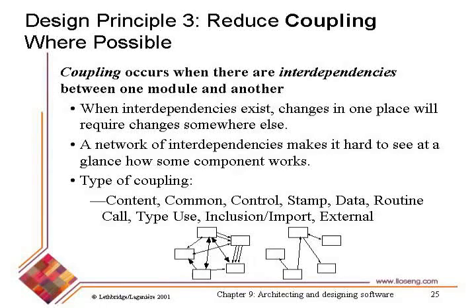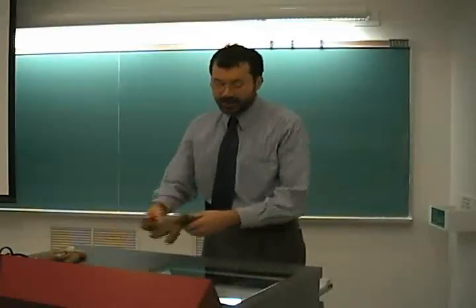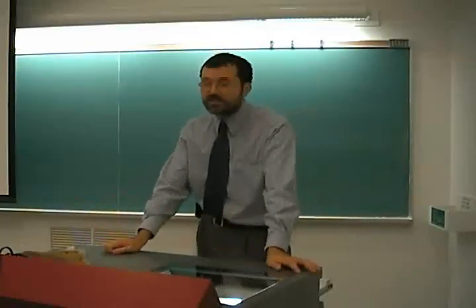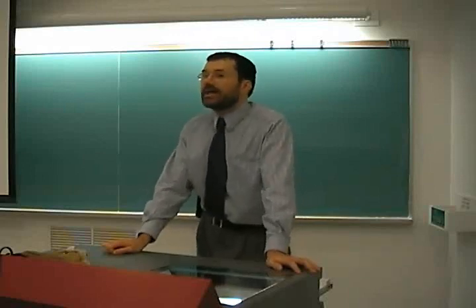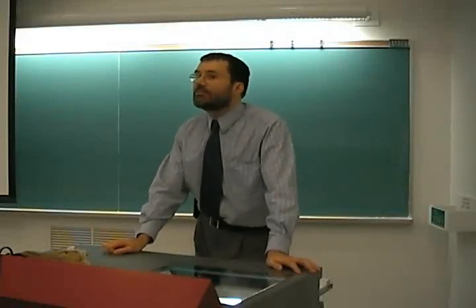If I make a change in this and add something to it that makes it behave differently, then this one is going to have to change to reflect this change. It's going to have to say, well, now I'm going to have to behave differently in response to this change. So interdependencies need to be reduced in order to have a system that's easier to understand and a system where you can replace the components more easily.